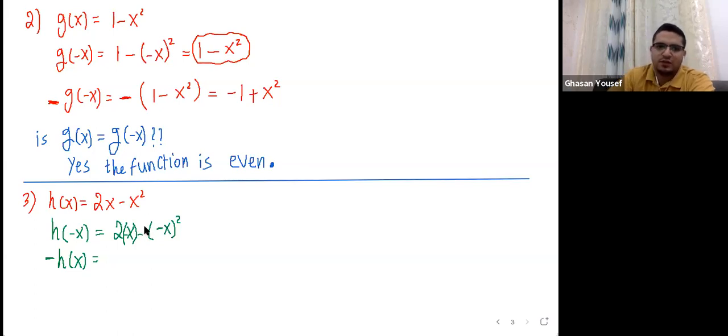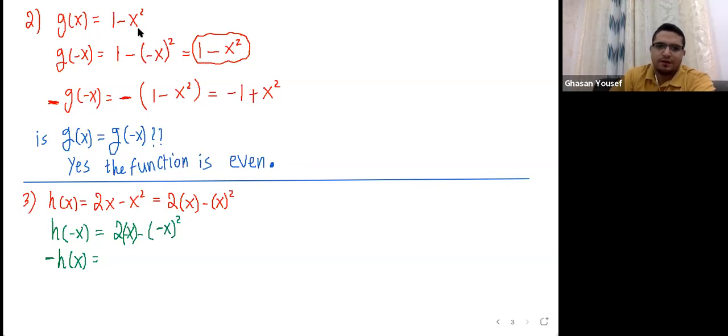Because actually, if I want to rewrite these things here, it's equal to 2 times open parentheses x, minus open parentheses x squared, and inside the parentheses you plug the minus x.